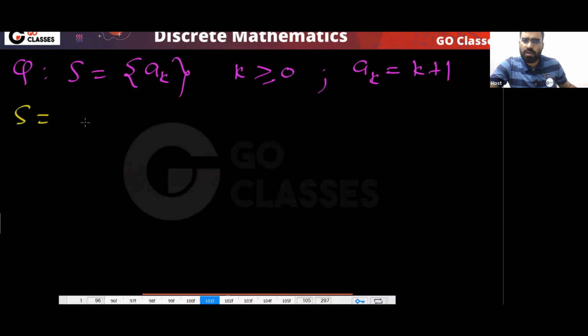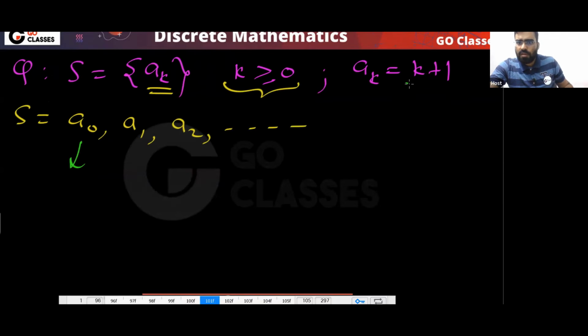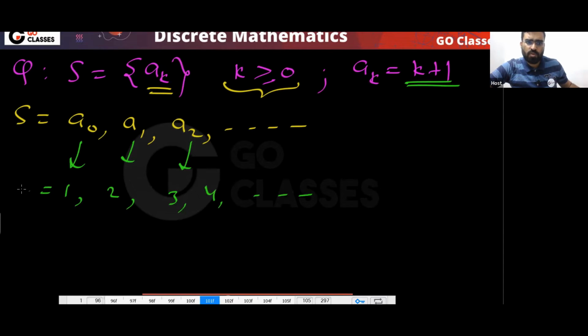Your sequence is A0, A1, A2, and so on. AK is k plus 1, so A0 is 1, then 2, 3, 4, and so on.